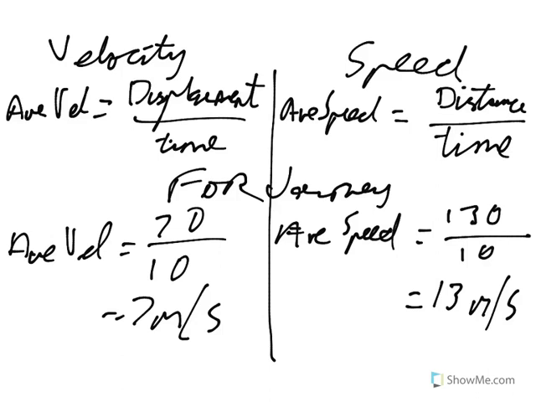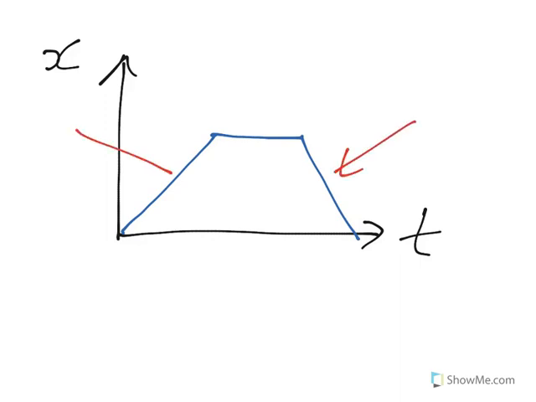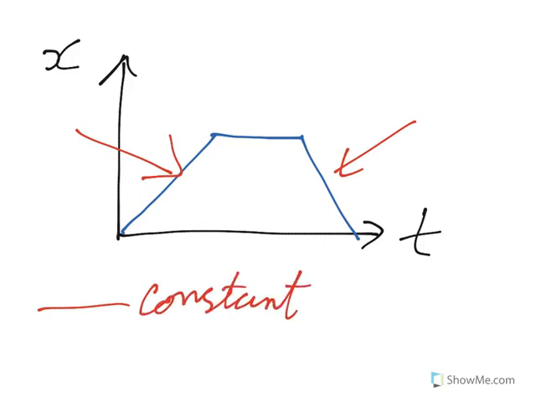Alright, so what does this look like then if we stick them on a graph? So if we stick it on a graph, time down here and position here, then anytime you have a straight line like that, so these sections here, this section here, that's constant velocity.